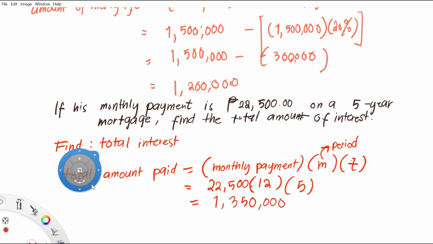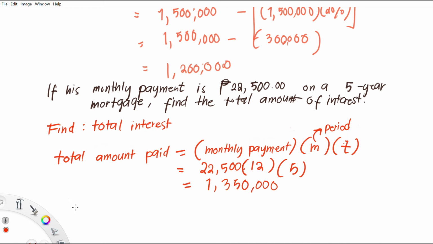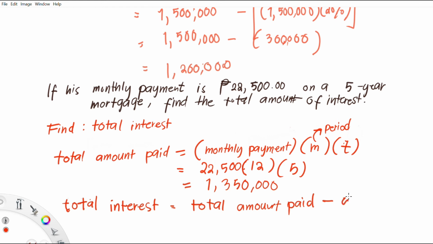Now to solve for the total interest, it is the difference between the total amount paid minus the amount of the mortgage.